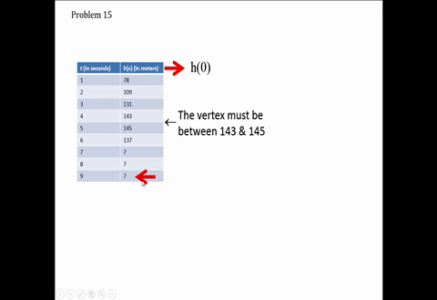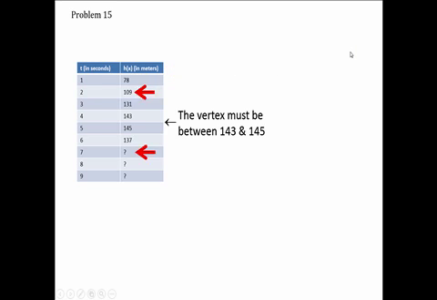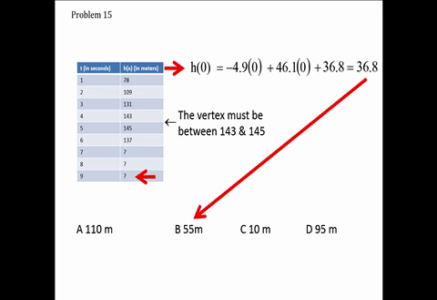So if you plug in the formula in here, you're going to get something slightly bigger than 36.8, which would be your 55. So you could start the whole problem from right here, knowing that the vertex lies between those two. You match those two, you match those two, you match those two. You're going to pick the value under 78, which is the 55 value.